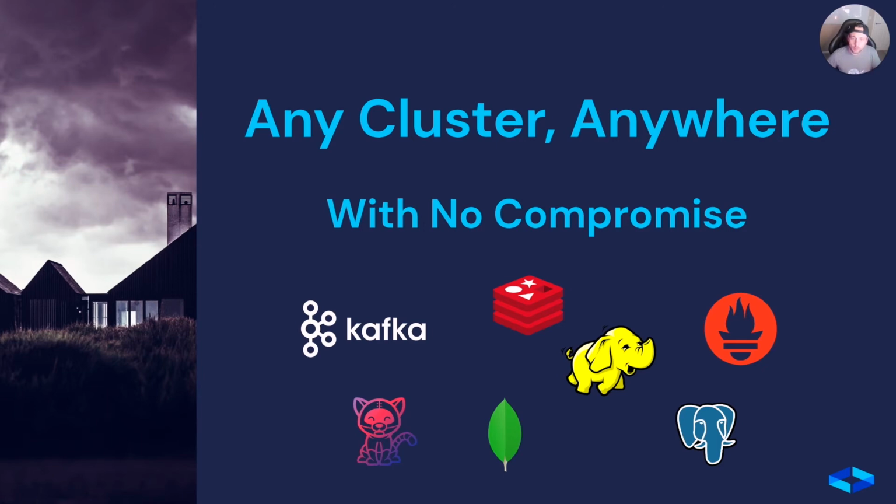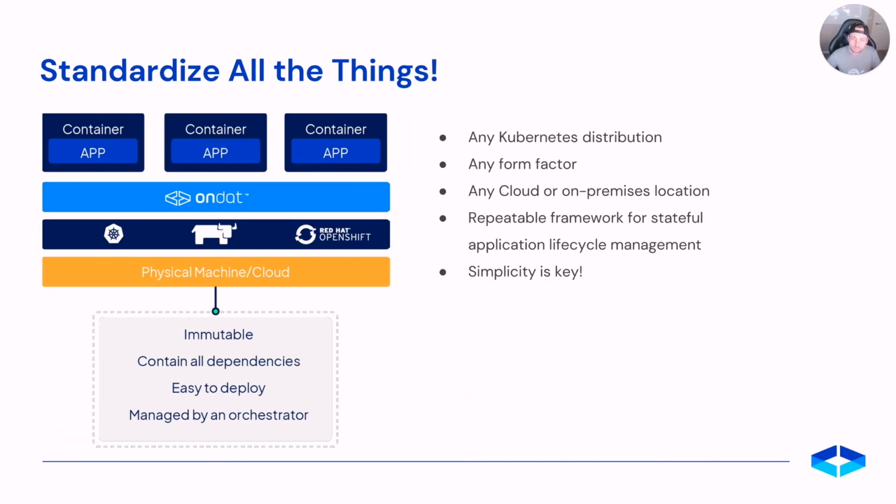Any Kubernetes distribution, any cloud, you will experience a consistent and standardized approach in deploying as well as operating your most valued applications. So in a nutshell, OnDat is adding a layer of abstraction in Kubernetes, sitting on top of your Kubernetes distribution of choice, and enabling the deployment of stateful mission-critical applications in a very simple and elegant way.